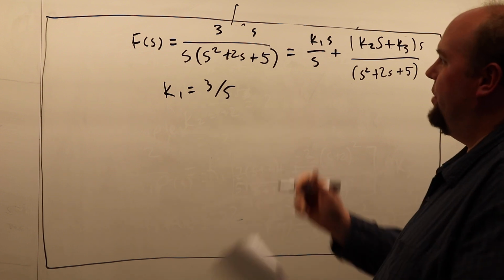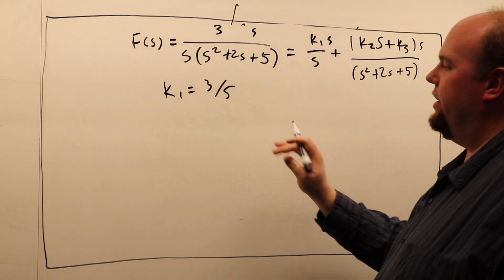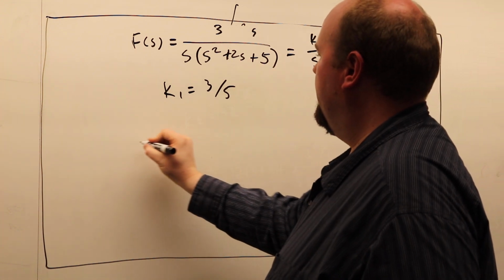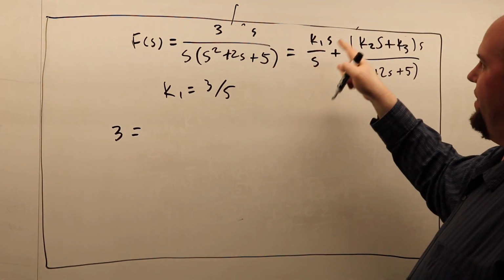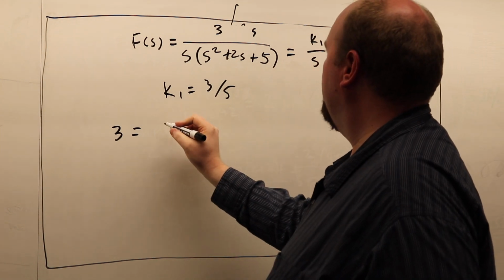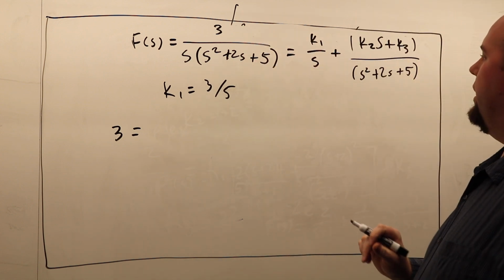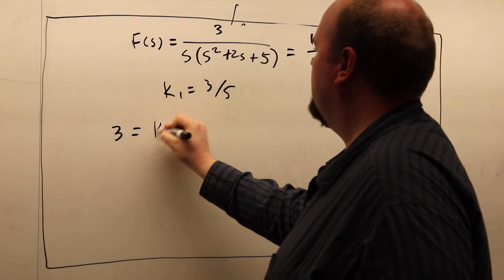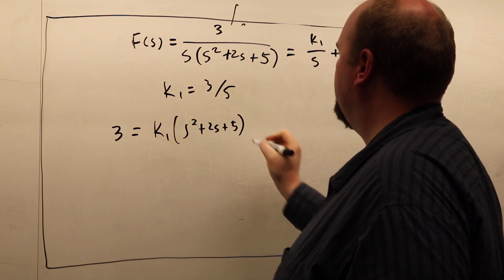So in this case, we're going to multiply both sides of this equation by this denominator here. When we do that, we get 3 equals, and when we multiply this term by this expression, the s's cancel, so we're left with k1 times s squared plus 2s plus 5.